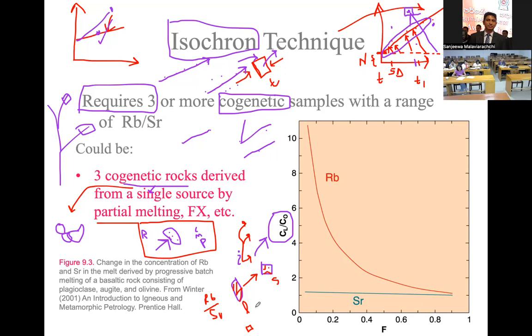So the amounts of nuclides coming in are different. This fractionation happens at the initial time, and that is the situation in a rock system.